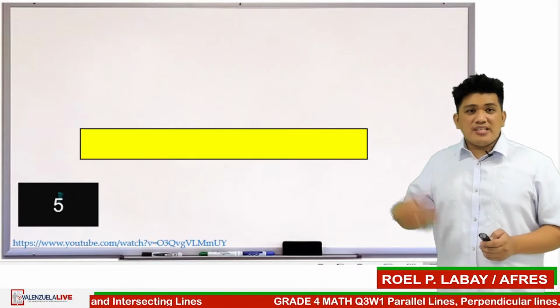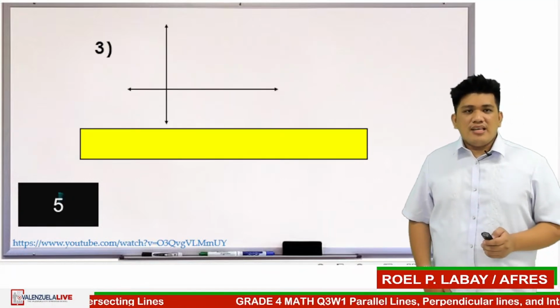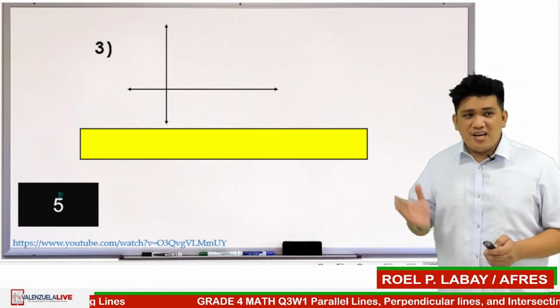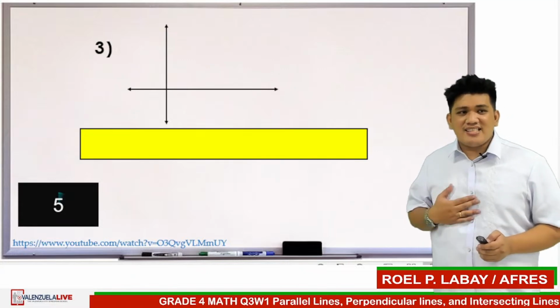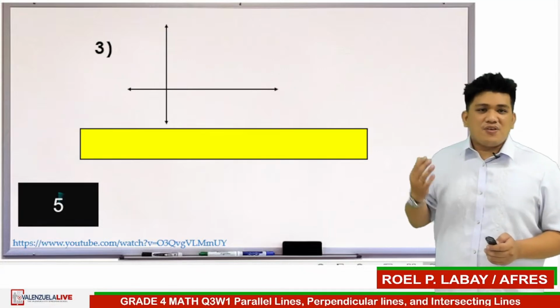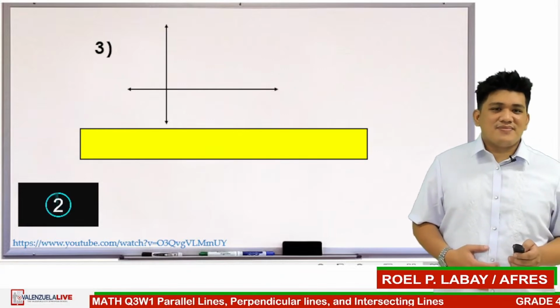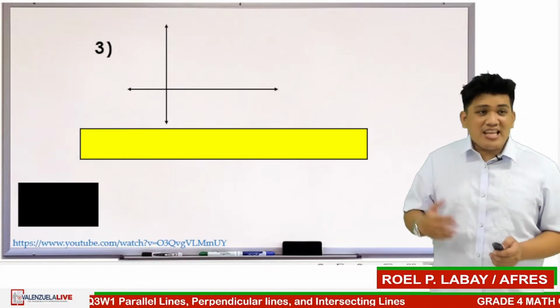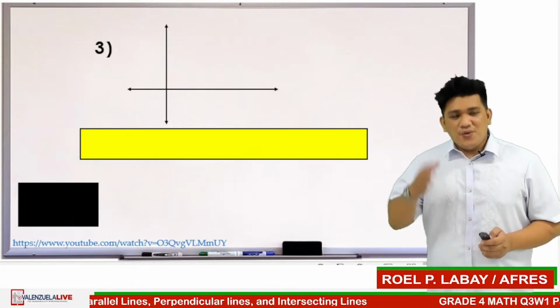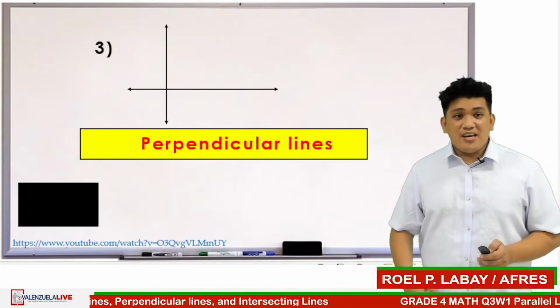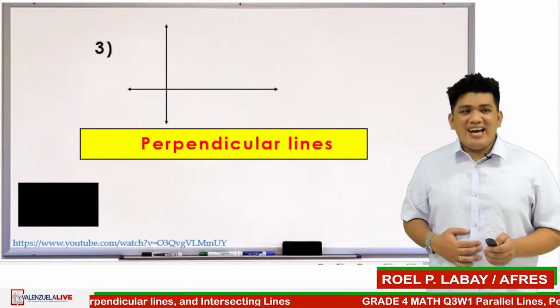How about number 3? Is this parallel line, perpendicular line, or intersecting lines? Your 5 seconds starts now. Okay, time's up. What's your answer? Very good. That is perpendicular lines.